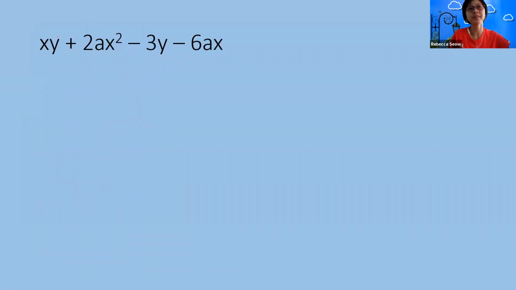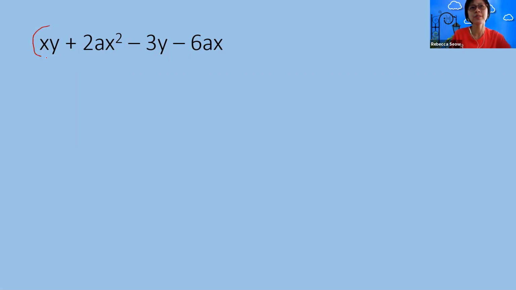Last example, we have xy plus 2ax squared minus 3y minus 6ax. Let's take a look at the ratio between the coefficients first to see how we're going to group them together. Don't be afraid of the square. As we work this out, somehow it will resolve itself.